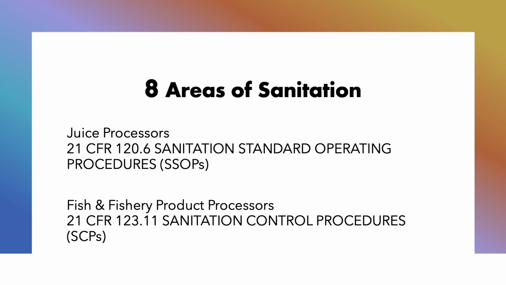Processors are required to monitor and correct and document the monitoring and correction of the 8 areas of sanitation, as outlined in 21 CFR 120.6 in the Sanitation Standard Operating Procedures, or SSOPs, and in 21 CFR 123.11 in Sanitation Control Procedures, or SCPs.